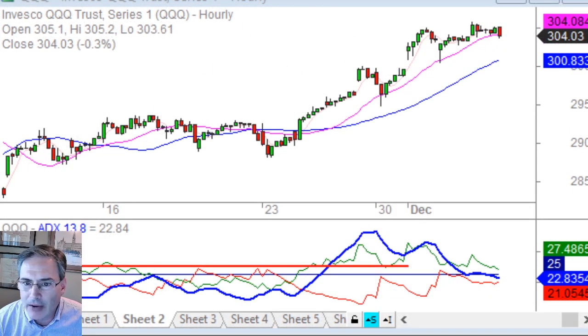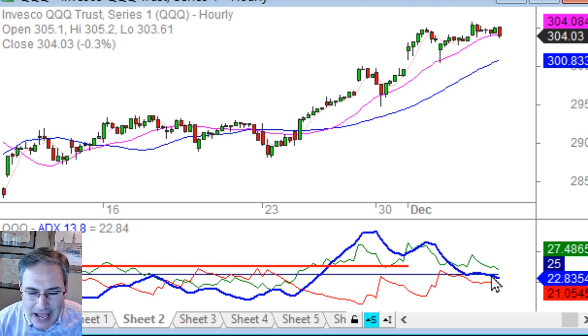Let's take a look at the hourly chart. Now, we have the same sort of condition taking place where the ADX is making lower highs and lower lows, but it's not to the degree, it's not as bad as what we saw in the S&P. And the 18 is still above the 40. Both lines are rising.